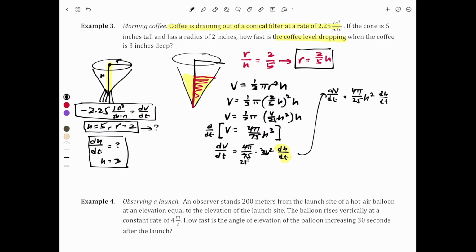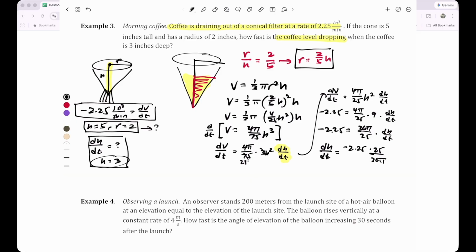Let's plug in what we know. That dV/dt is negative 2.25. I'm going to leave 4 pi over 25 as a constant. H squared, 3 squared, is 9, times dh/dt. I'm going to keep this as calculator ready as I can: negative 2.25 equals 36 pi over 25 times dh/dt. So I can finally say dh/dt is negative 2.25 times 25 over 36 pi.